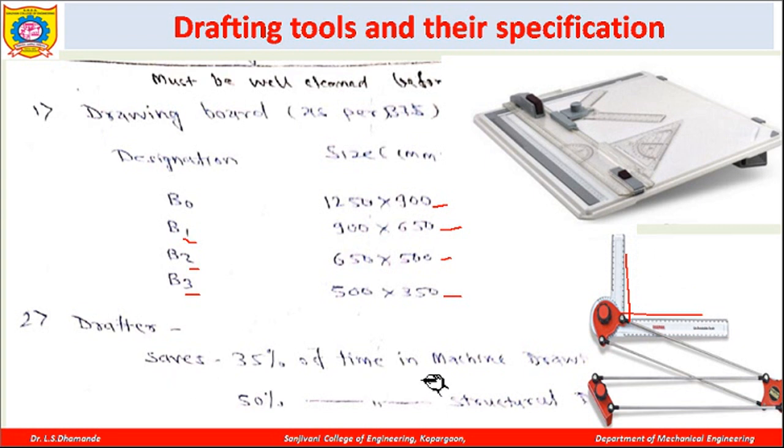It saves around 35% of the time in machine drawings, and around 50% of the time when you draw structural drawings using such drafters, because there are so many vertical and horizontal lines that you have to draw repeatedly. It maintains that angle, and it is easy to draw those different lines, which is not possible with a simple scale, because previously people were using protractors and set squares to draw the parallel lines.